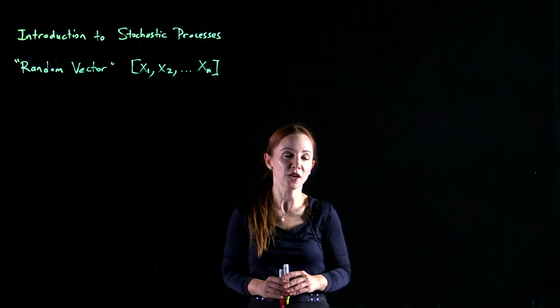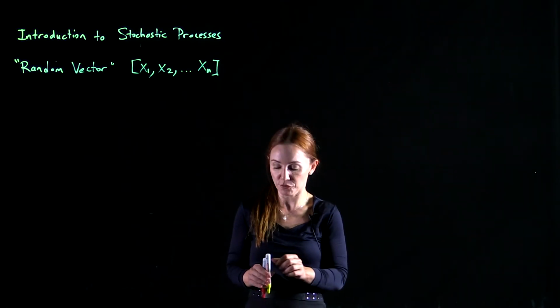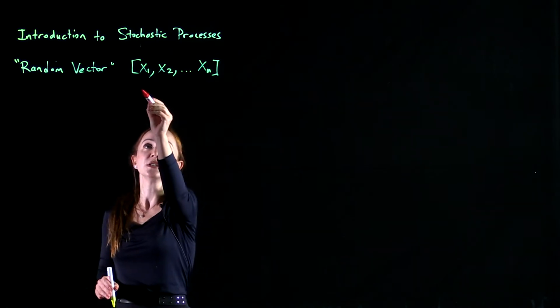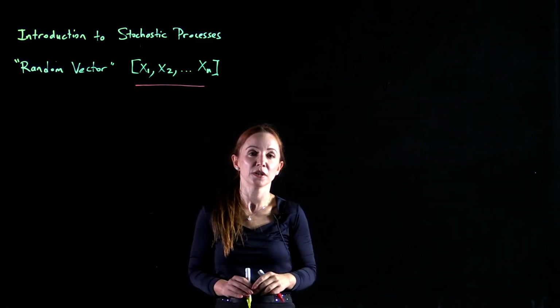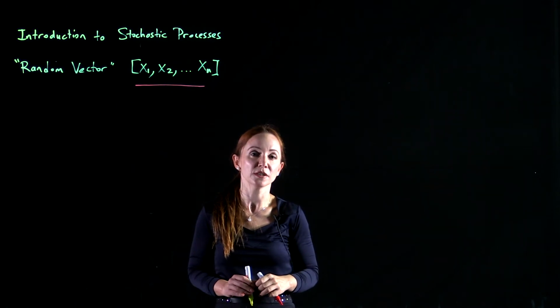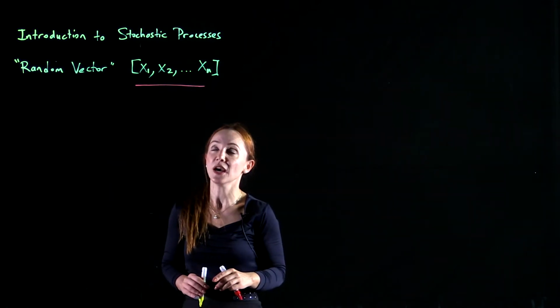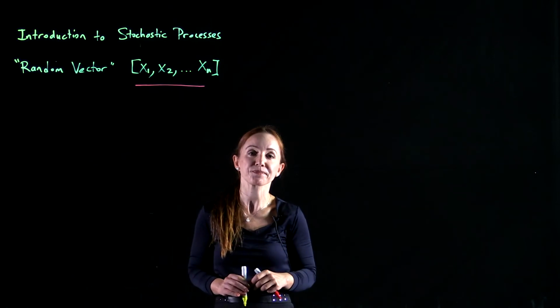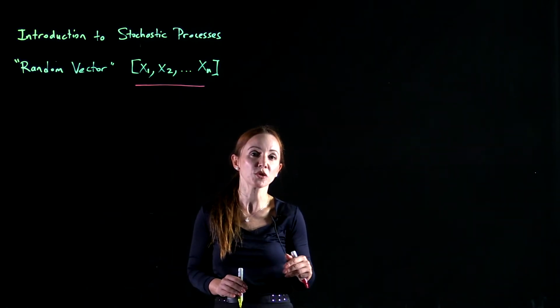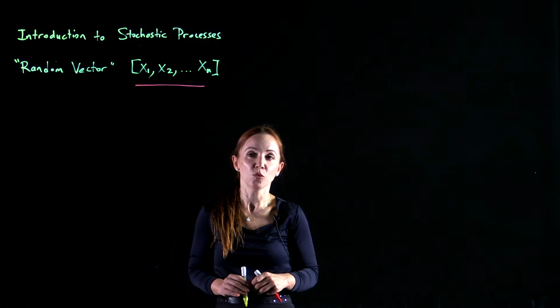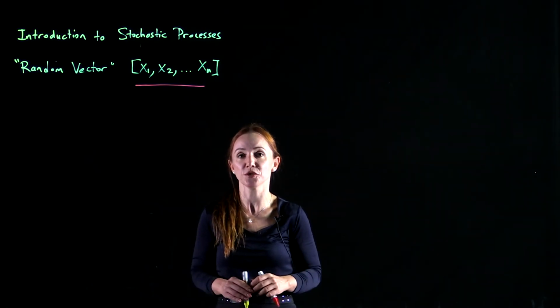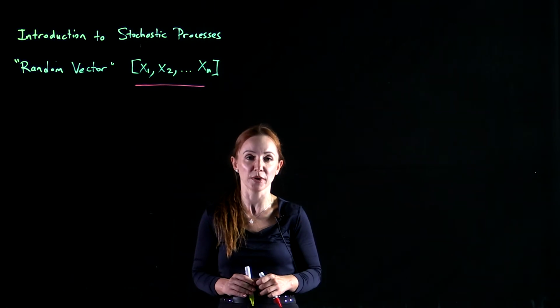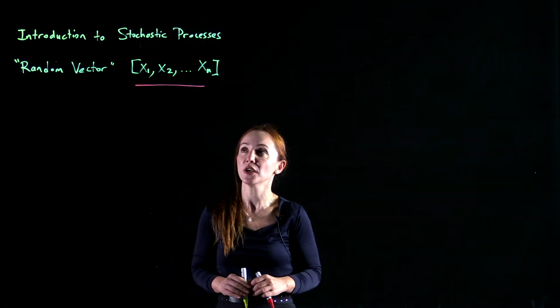In that case, we could talk about a random vector, which is basically a number of random variables defined on the same probability space. And this description makes it more clear, in fact, why we started with the description of a sample space when all we wanted to do was to talk about random variables.